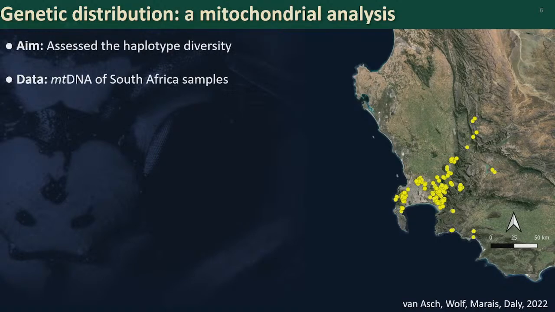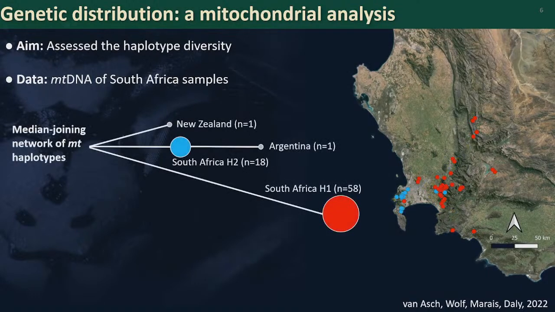So then, to have more information about the genetic diversity, Barbara Vanach and other colleagues from the genetics department of Stellenbosch made a study about the genetic diversity of the wasp in South Africa. They used mitochondrial genome sequences from samples from all the invaded area, and they built a haplotype network.